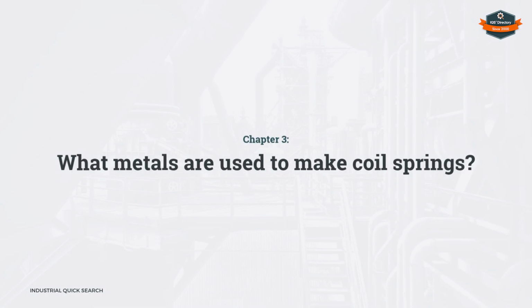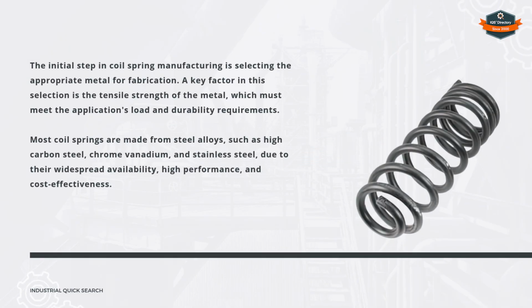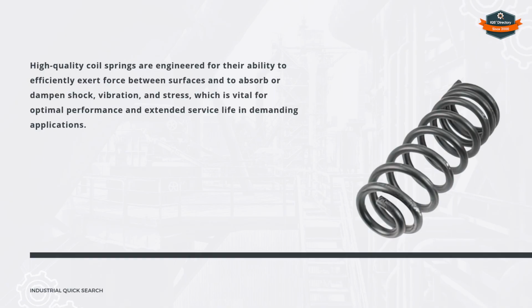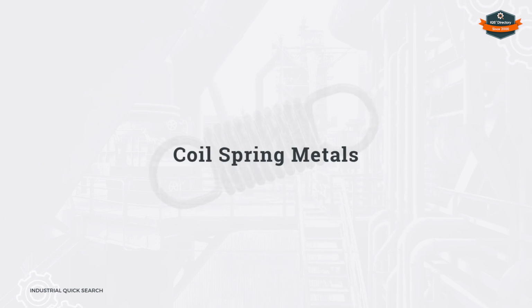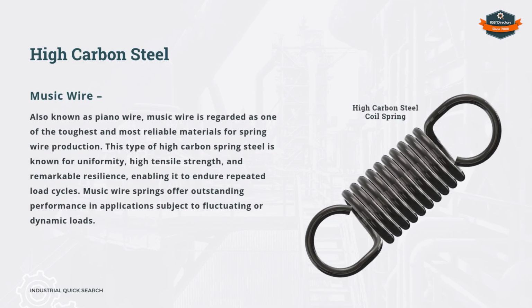Chapter 3. What metals are used to make coil springs? Coil spring metals. High carbon steel. Music wire.